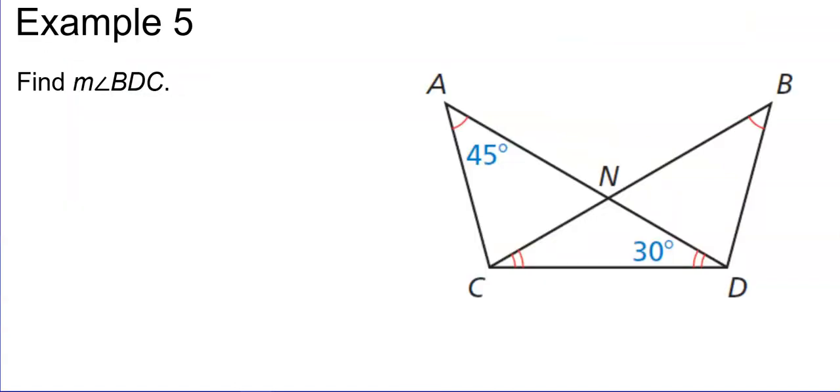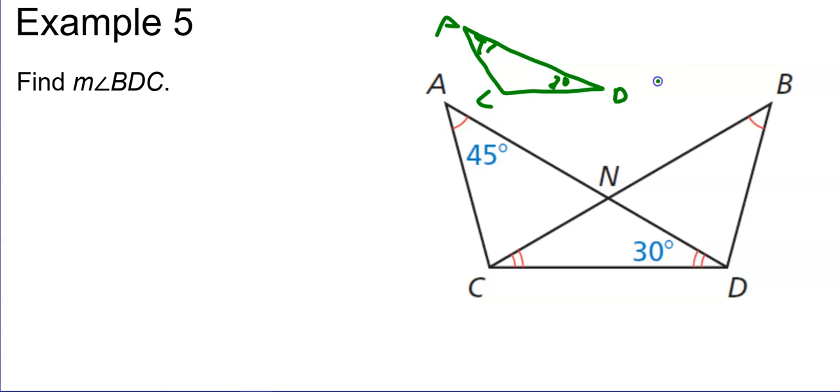Okay, so let's look at this one. I sometimes have trouble looking at this, so I will do A, C, D, and label what I have. So this is 30, and this is 45.